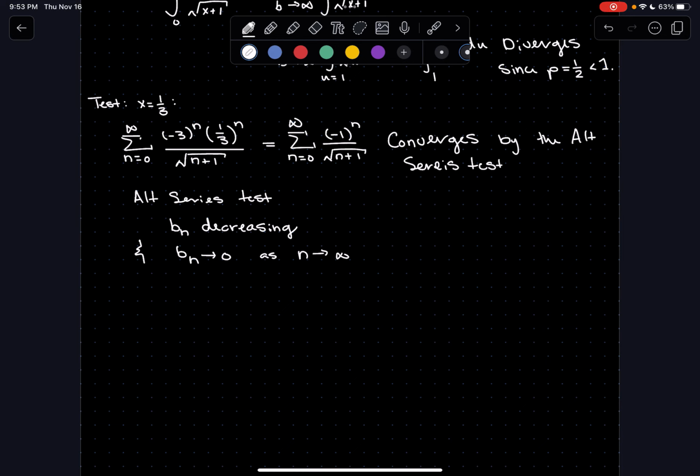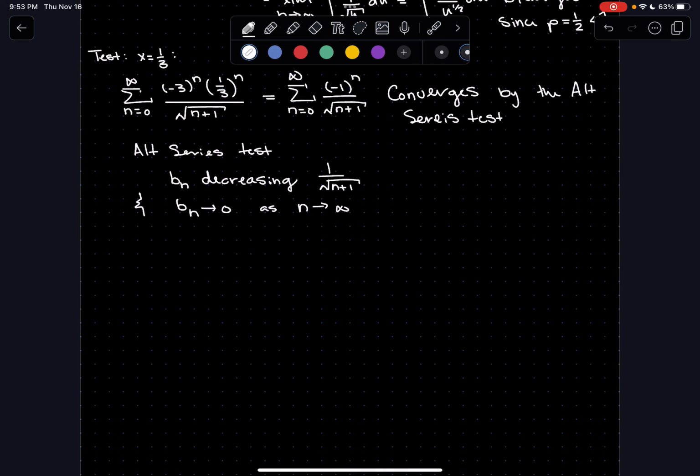Well, our Bn is just 1 over the square root of n plus 1. That's clearly decreasing, just like we said earlier. And clearly the limit as this goes to infinity is 0, because as n gets really big, this denominator gets really big, it goes to infinity, and so this ends up going to 0. So we're good there. Maybe I'll do it in green. And so that quickly converges.